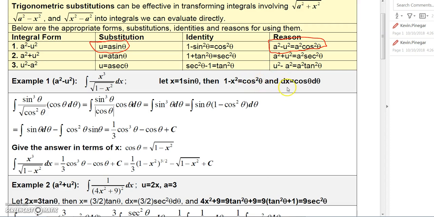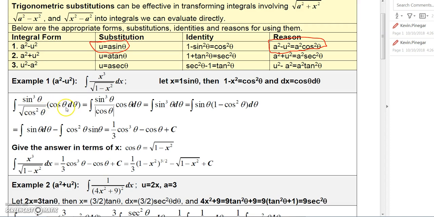Now also you need to get the dx, so since x is sine theta, then dx would be cosine theta d theta. Now we just go back and start plugging things in. We have x cubed here, so since we know x is sine theta, that would just be sine cubed theta. And in here we have 1 minus x squared, but we know that's cosine squared theta, so the square root of cosine squared theta there.